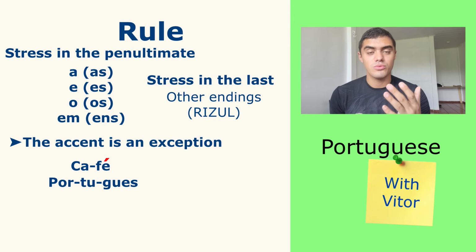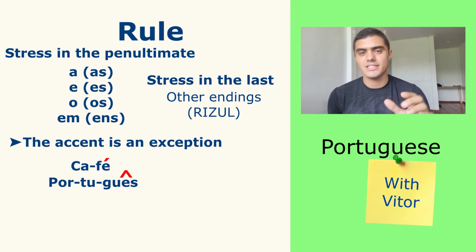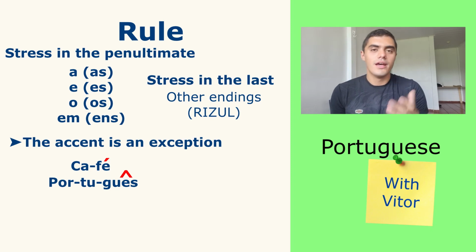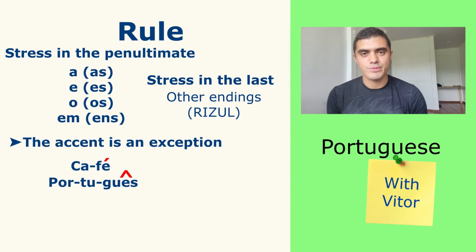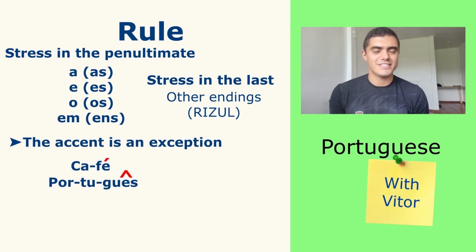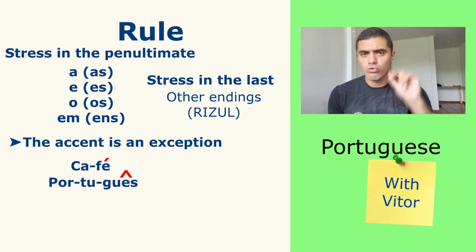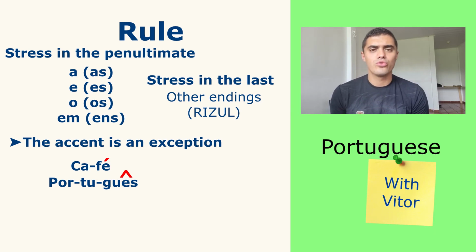You know, we say Português, so the stress is in the last one. Can you see? It's running away from the rule, so it's an exception. In this case, we must use the accent. As I told you, the circumflex accent shows the closed sound. As the sound is closed, it must be the circumflex accent.